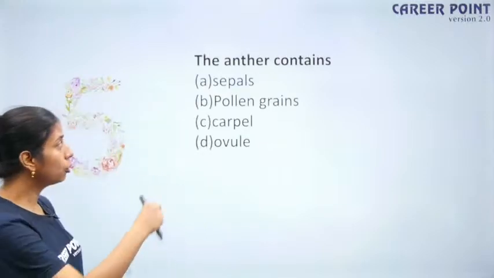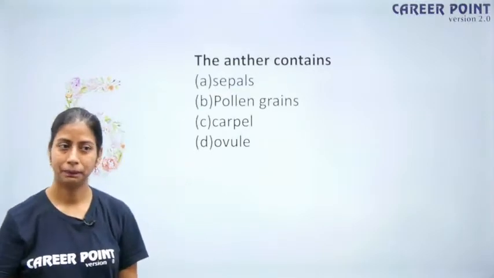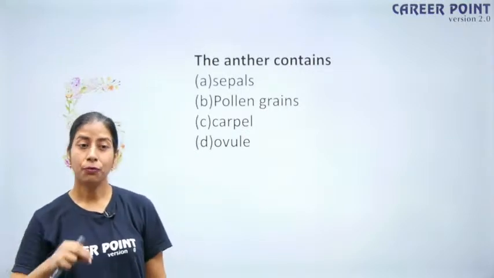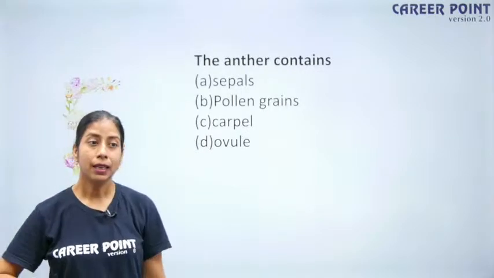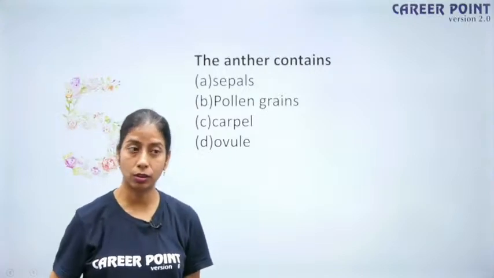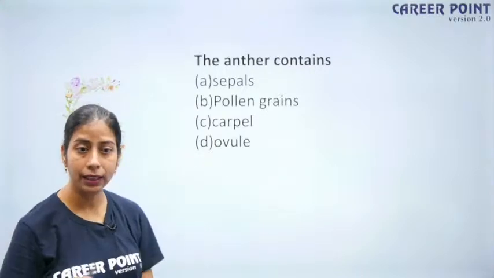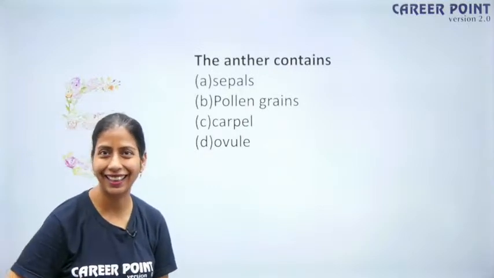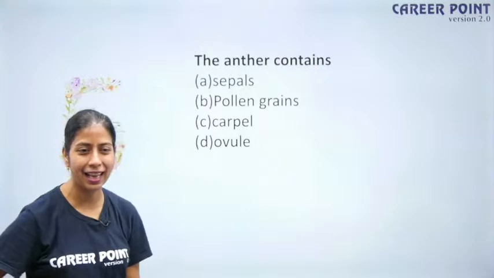So let's see the fifth question, and the question goes like this. ठीक है, अब ये last question है आज के session का, अभी का. फटाफट से इसको देखिए. The anther contains, what does the anther contains? Anther contains, yes जयंत, कीर्ति ने फटाफट से answer दे दिया है.